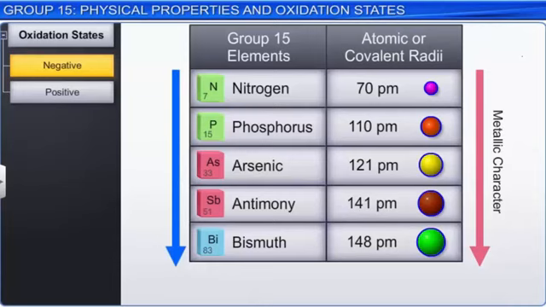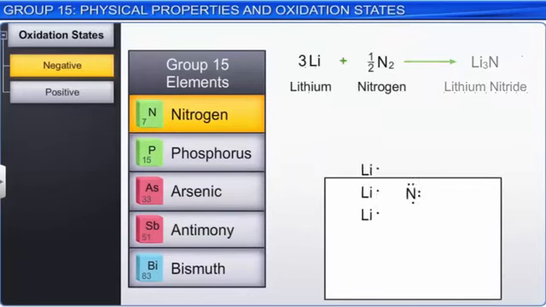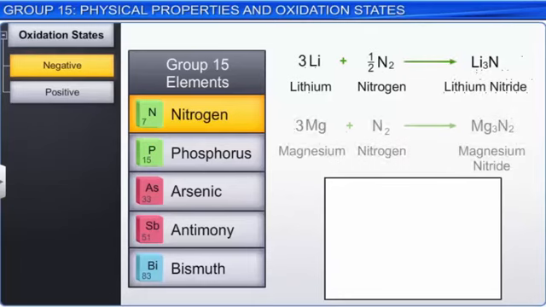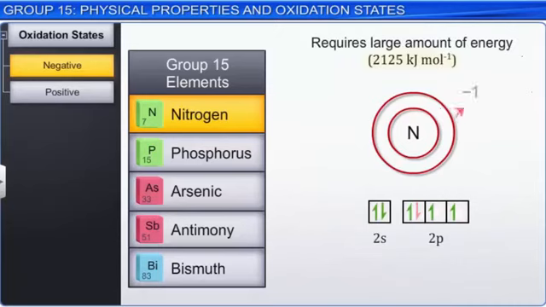Only nitrogen atoms can gain 3 electrons from highly electropositive metals like lithium and magnesium to form ionic nitrides. Note that a huge amount of energy, about 2125 kilojoules per mole, is required to form a nitride ion, that is, a N-3 ion.